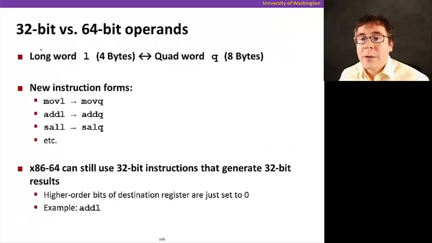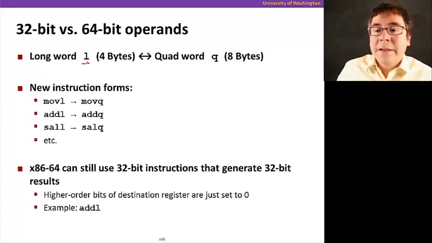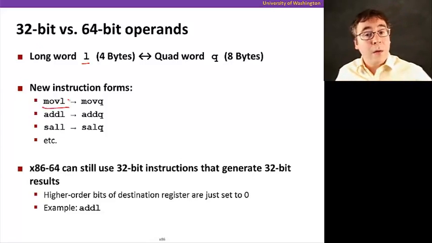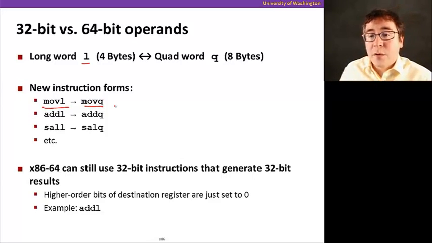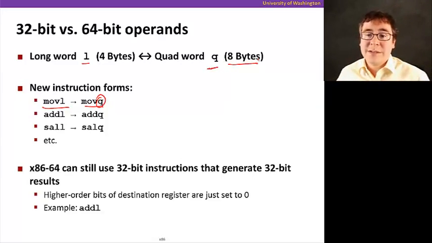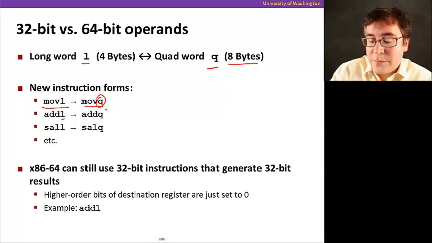Now the way we look at operands in 32 versus 64-bit mode is the following. Remember that in IA32 we looked at movl, and L referred to moving 4 bytes worth of data. Now what we have in x86-64 is movq. It's a new type of data size that is 8 bytes or 64 bits long. We also have other instructions like addl that's present in IA32.